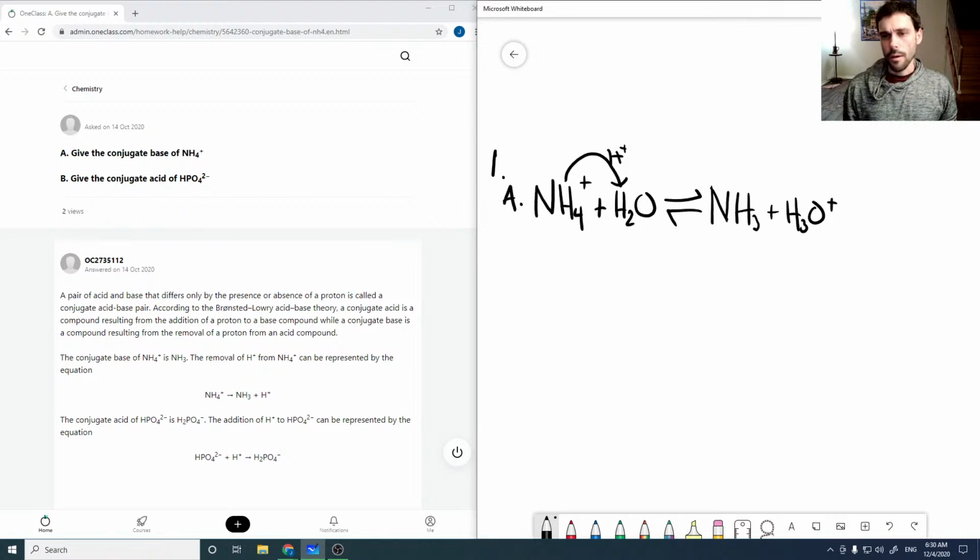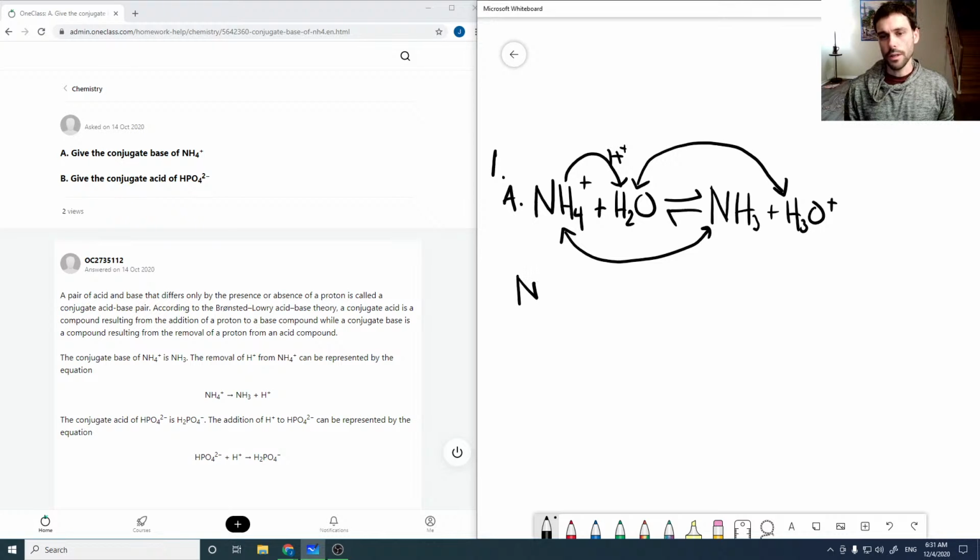Okay, so when we're identifying conjugate acids and bases, the species that lost the hydrogen and the species that gained the hydrogen are both pairs, right?